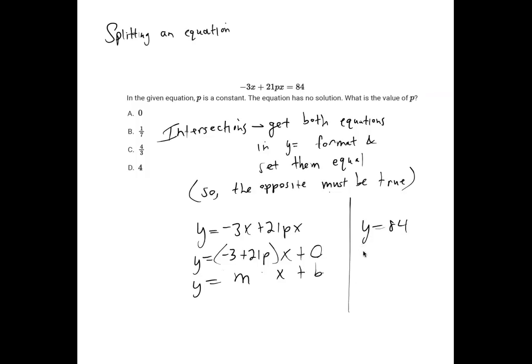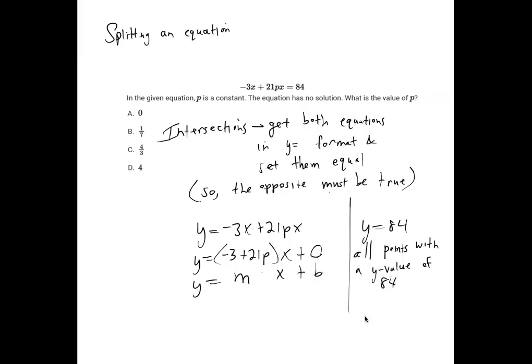And whenever you have a line in the format of x equals something or y equals something, you can think of it as the name. Here you have y equals 84. So you can think of this as a collection of all the points with a y value of 84.